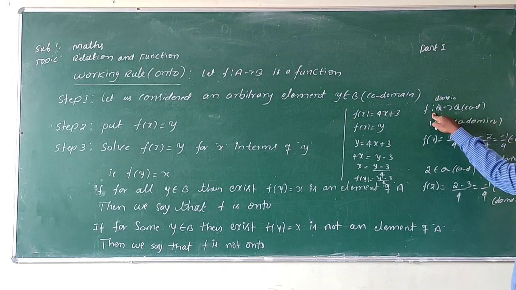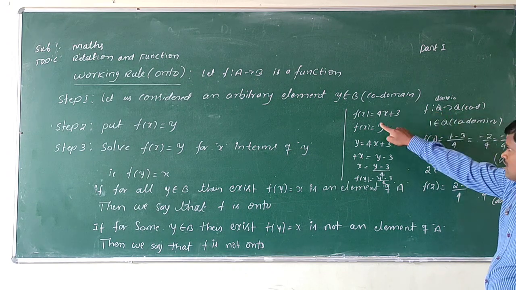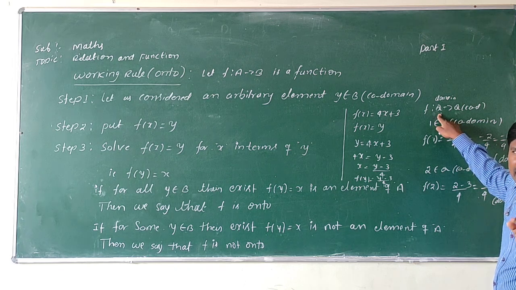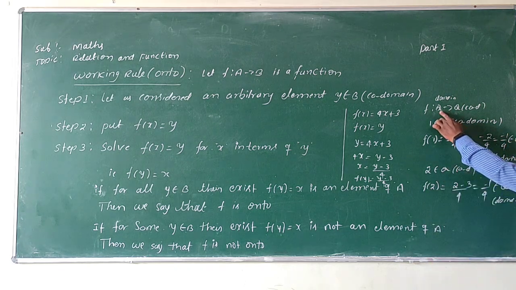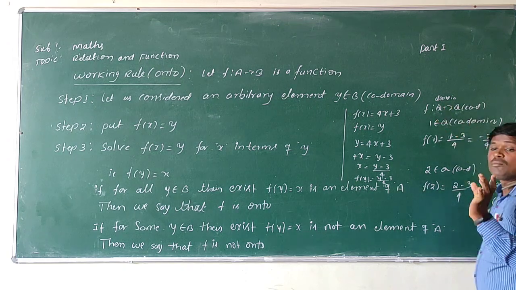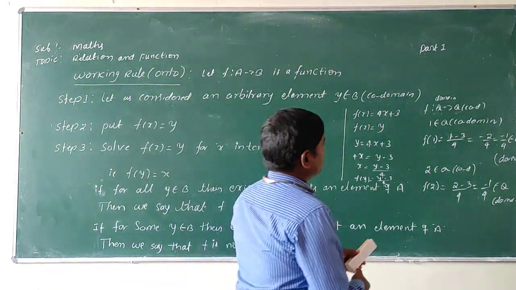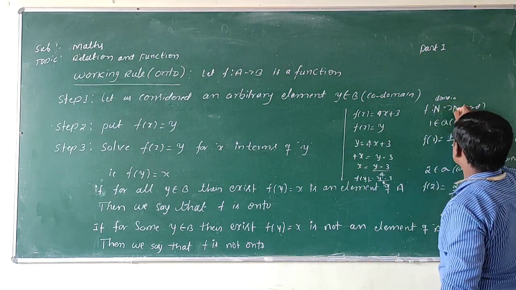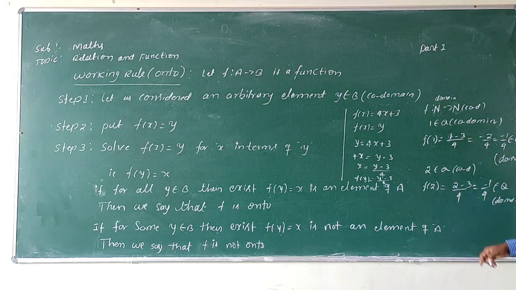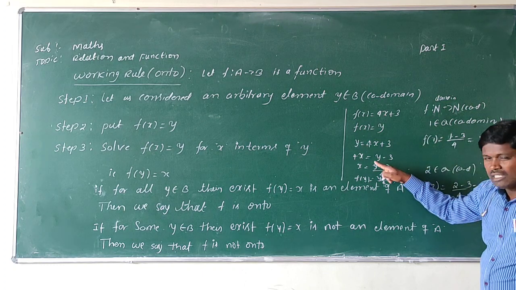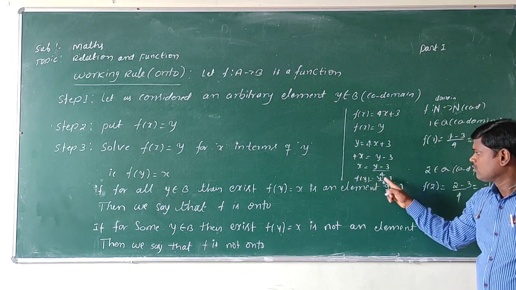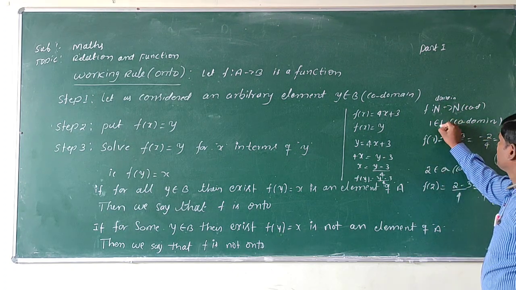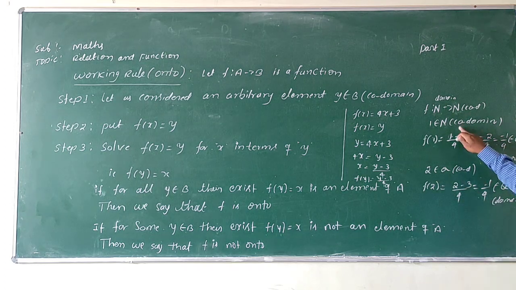Suppose I define the same function from natural numbers to natural numbers, instead of taking Q. What happens? Observe here, I am solving the same equation: f of y is equal to y minus 3 divided by 4. 1 belongs to natural numbers, so it belongs to the codomain.